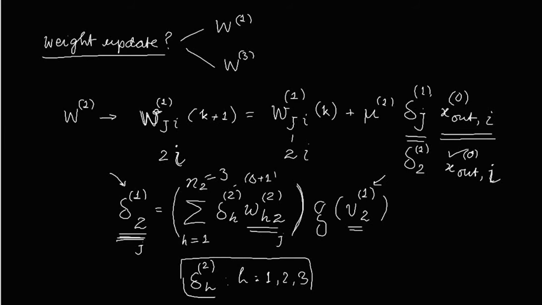When we want the values of this delta S2, which we call the local error at the second hidden layer, then we have to of course go to the next layer, and there we need to get delta. Suppose I am going for this to evaluate delta 2. There are three delta values at the second layer, delta 1, delta 2, delta 3.